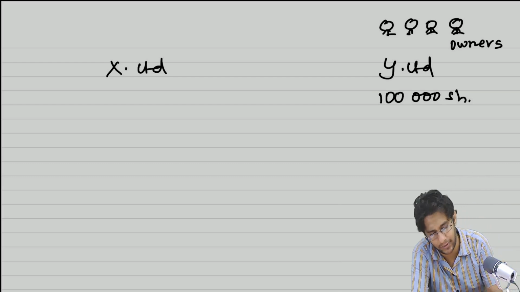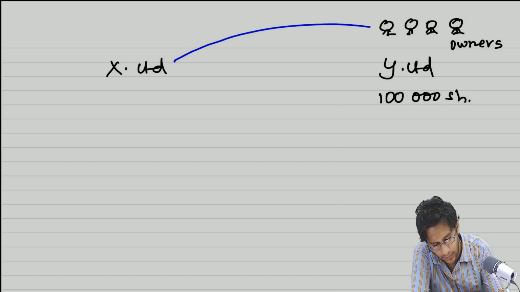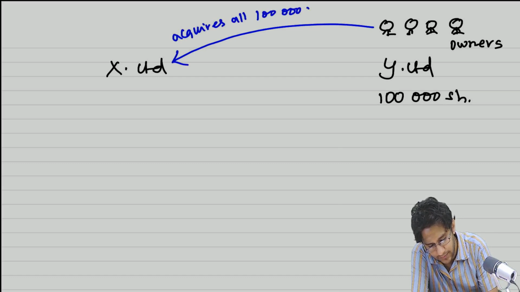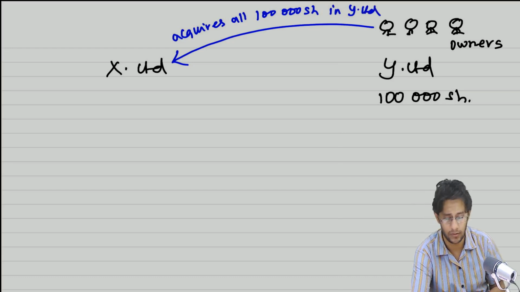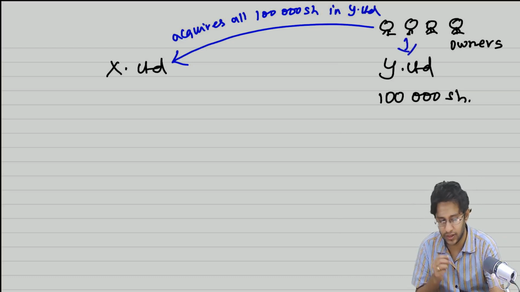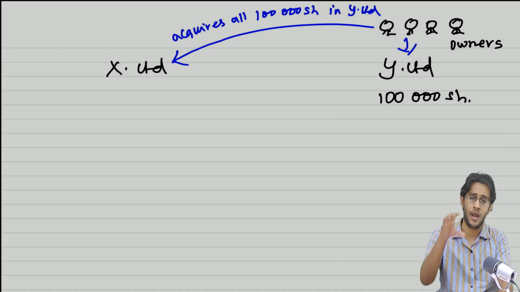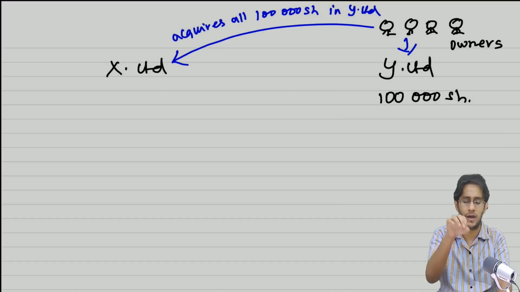So what deal X Limited made is, it acquires all 1 lakh shares in Y Limited. Presently 100% shares in Y Limited are held by 4 guys. We pay some consideration to them, and the entire 100% shares in Y Limited X has acquired.